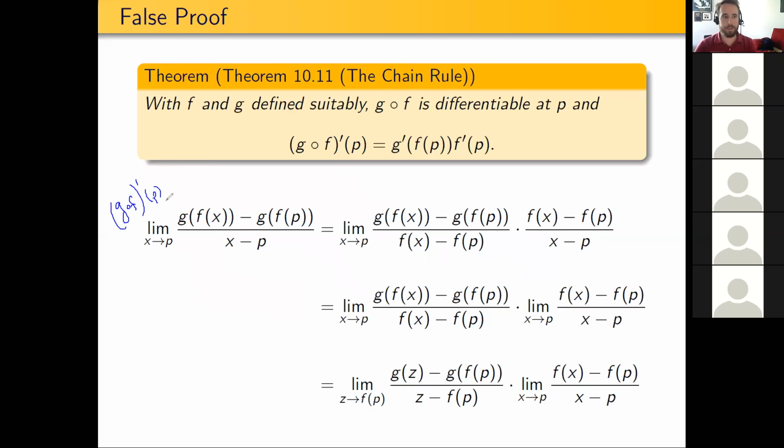That was the formal definition. And what we think we've done is we think we've multiplied top and bottom by f of x minus f of p over f of x minus f of p.